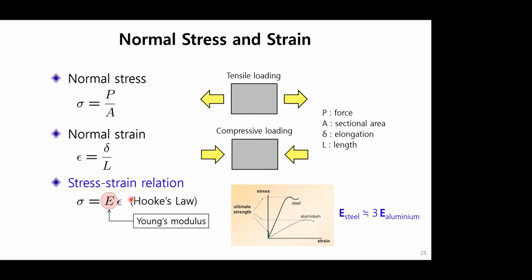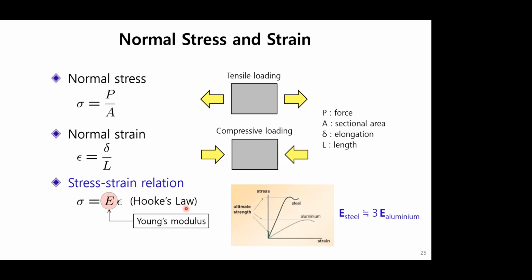And by Hooke's law of stress and strain relation, the magnitude of stress is linearized with the material property constant, Young's modulus, capital E. When this E becomes bigger, it means it's harder to deform.